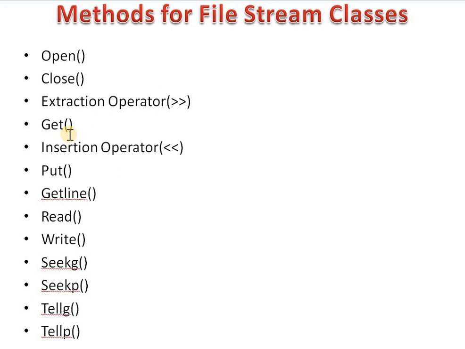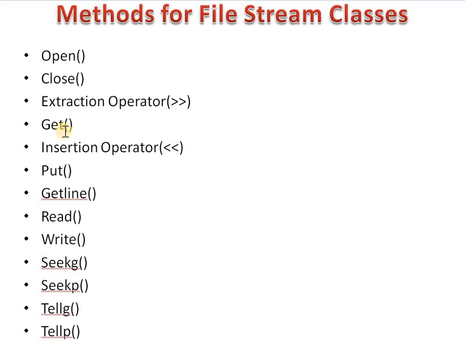Then the next function is the get function. The get function is used to get the input data, and the put function is used to display the data. In the same way, there are the getline function and the putline function. The getline function is used to take input line by line.